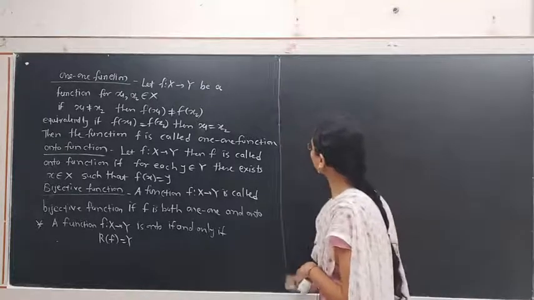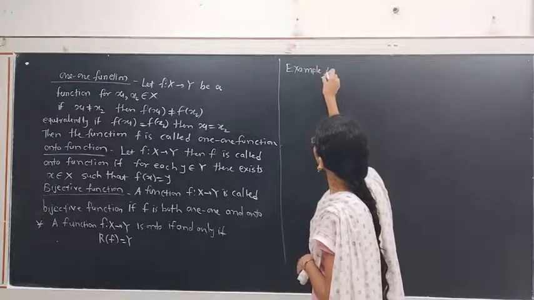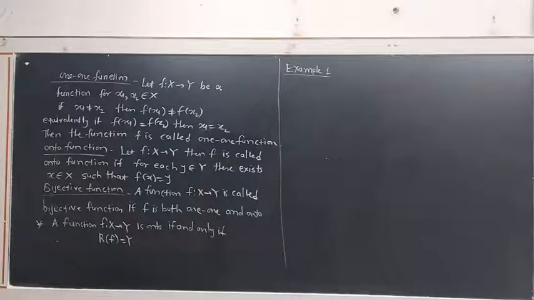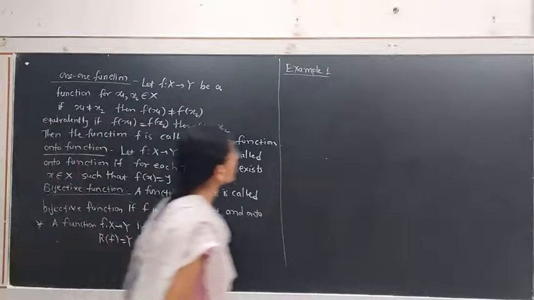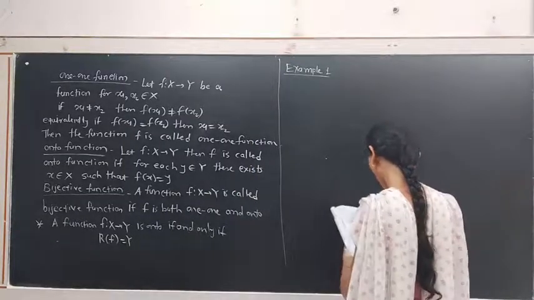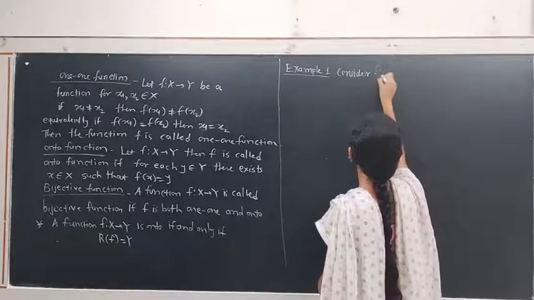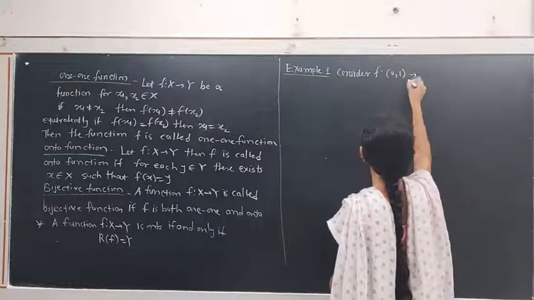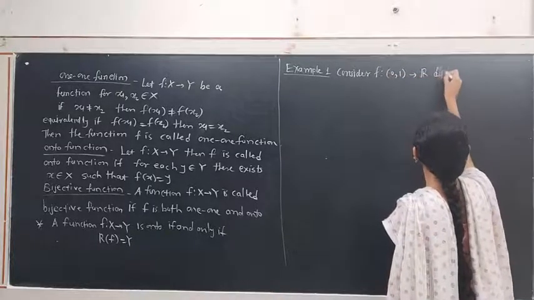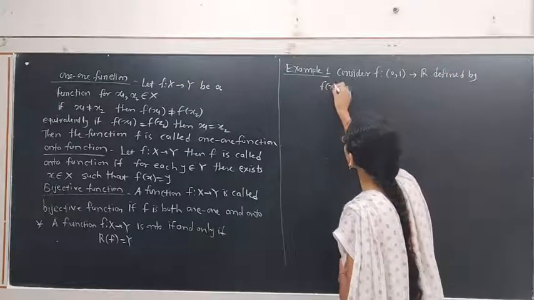Example: we check whether the function is one-one, onto and bijective. Consider the function here from open interval (0, 1) to set of real numbers defined by f of x is equal to 1 upon x.